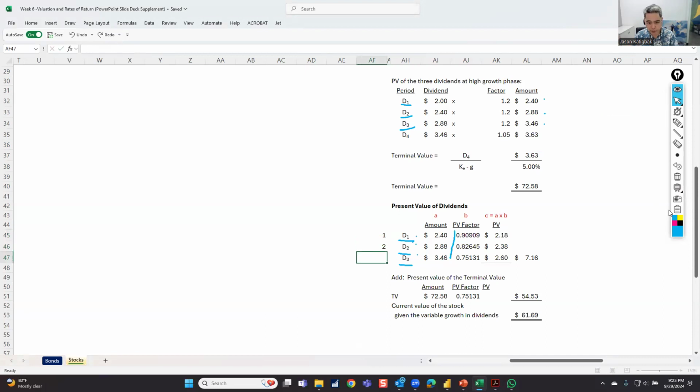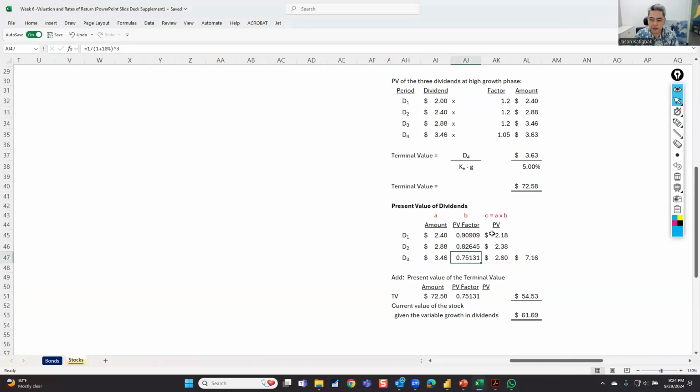If I place here 1, 2, 3 as years, I can do this formula as a link and it will be the same. Enter is the same, right? So for now, I'll undo it. When I give you the file, you can play with it. So 1, 2, 3.